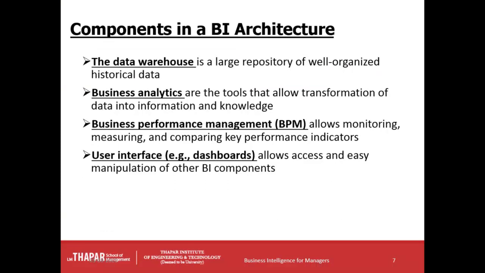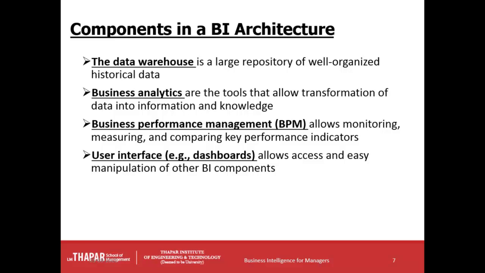So the components in a BI architecture, we have already discussed. It has a data warehouse, which is a large repository of well organized historical data. Mind you, this is talking about historical data and not relational data, as in the case of an RDBMS. Business analytics, which are the tools that allow transformation of data into information or knowledge.